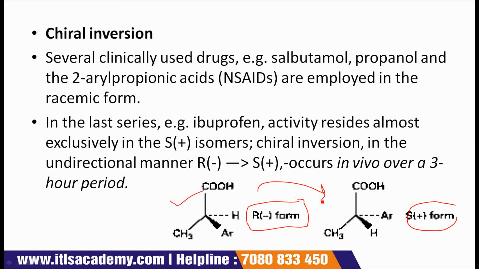For the S form, here the order of the functional groups is changed. You can see these are arranged in a proper order, that is from less atomic weight to more atomic weight. These are in a corrected order, and this is the S form.